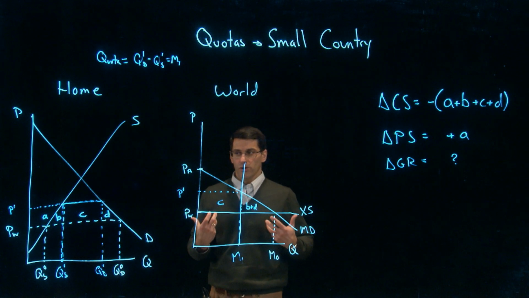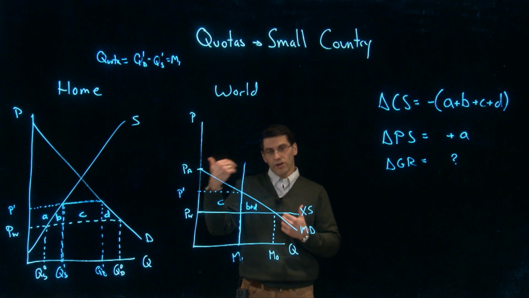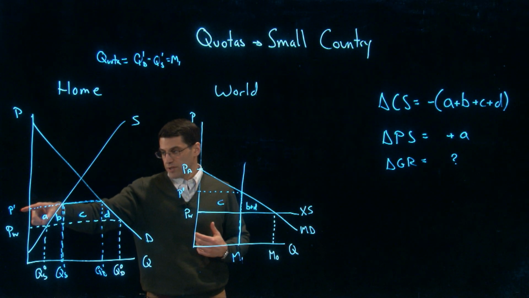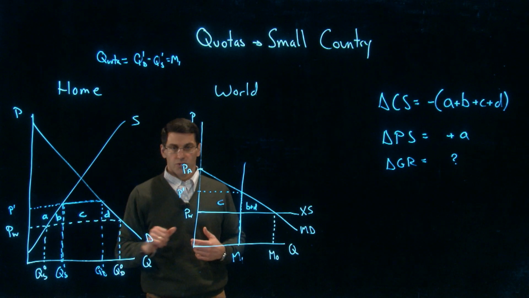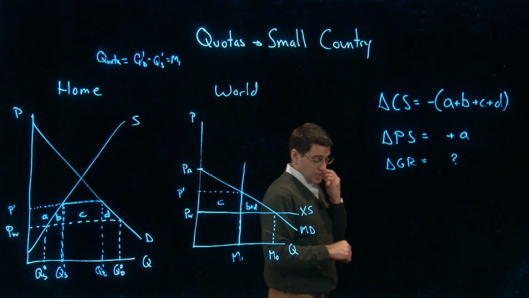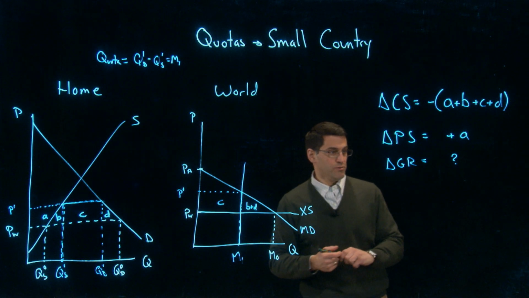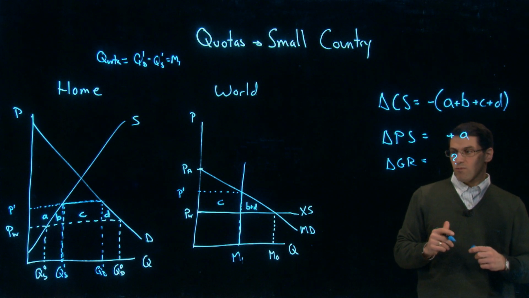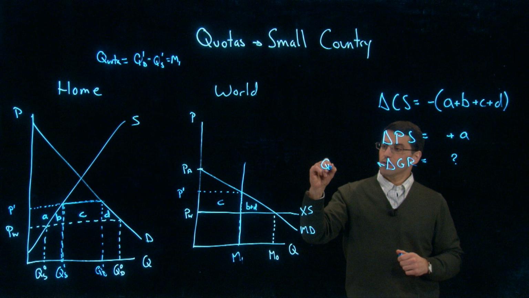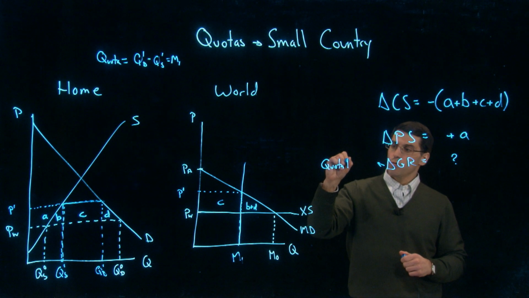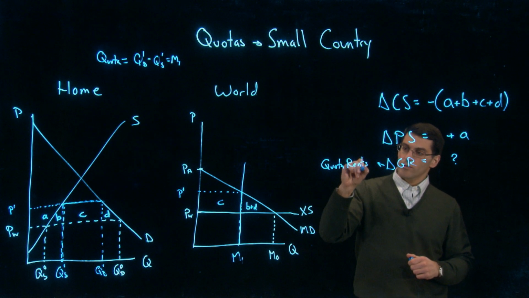So they're going to import the good at PW, but then they're going to turn around and sell it at the higher price in the local market of P1. So these guys are going to end up getting this surplus, potentially, right? So in a best case scenario, what we were calling the government revenue is actually now what we call the quota rents, right?